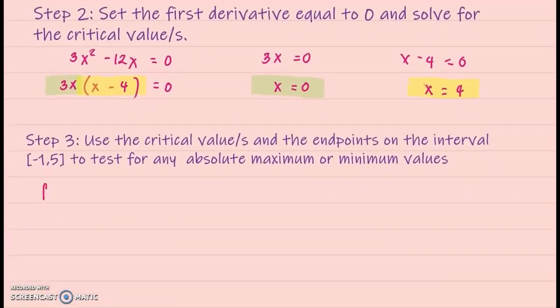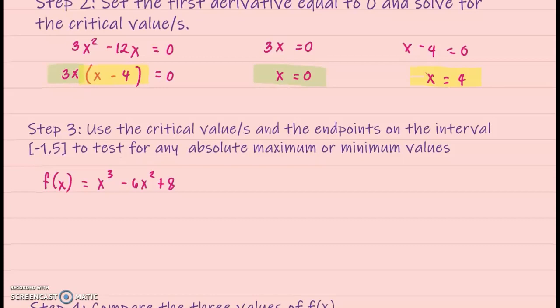So f of x is equal to x cubed minus 6x squared plus 8. So when x equals 0, you have f of 0 is equal to 0 cubed minus 6 times 0 squared plus 8. So f of 0 is equal to, of course, 8.